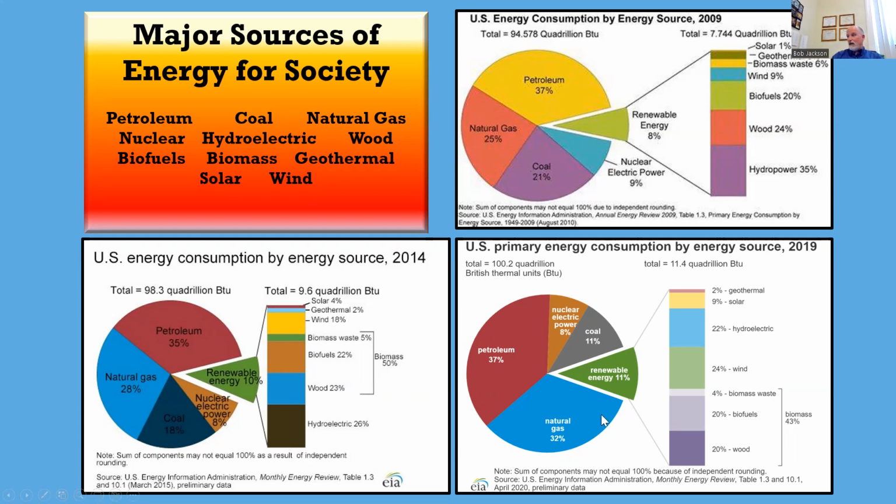Here it went down to 18, and then coal is only 11% here in 2019. It's going down quickly. Coal-fired power plants is what Indiana was famous for, and you're seeing there's fewer of them as we go. It's kind of neat when they blow up some of these plants and take down the stacks. I've been in several of the coal-fired power plants, but there's getting to be less and less of them.